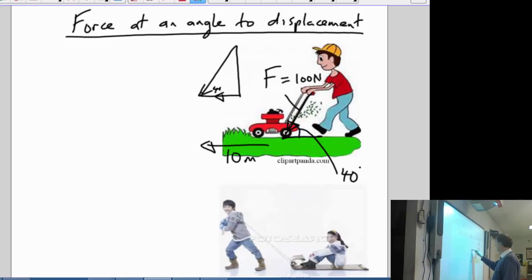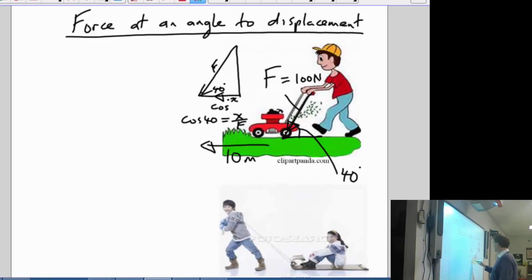So how do you work out what that force component would be based on that angle? If you go back to work with projectiles, that's the cosine component, because it's the adjacent side compared to the hypotenuse. The cosine of 40 would be the adjacent side that they're trying to find, x here, over the hypotenuse, the force.